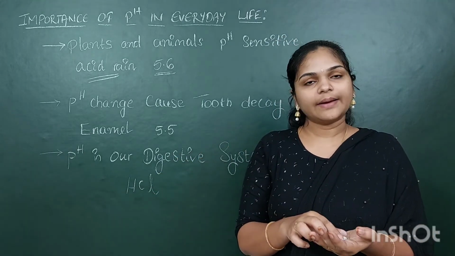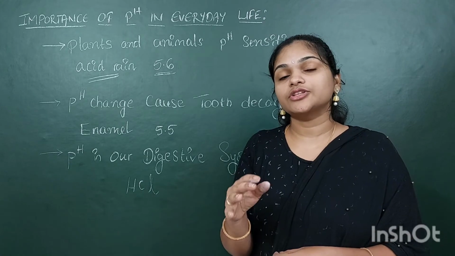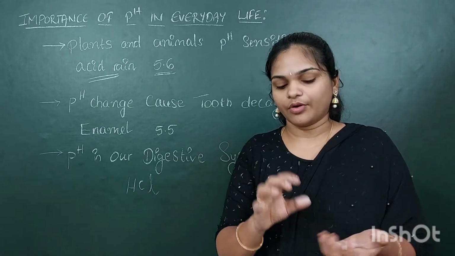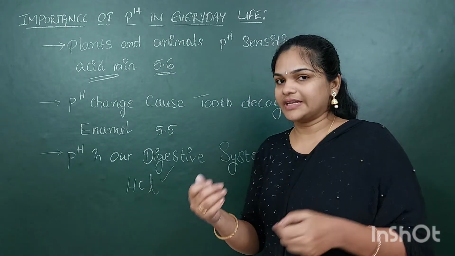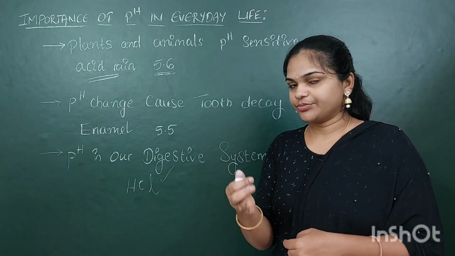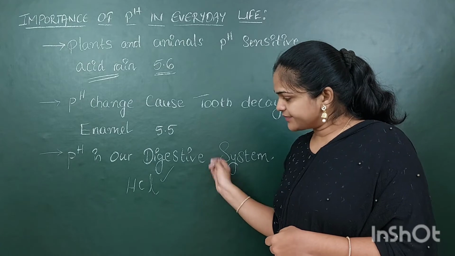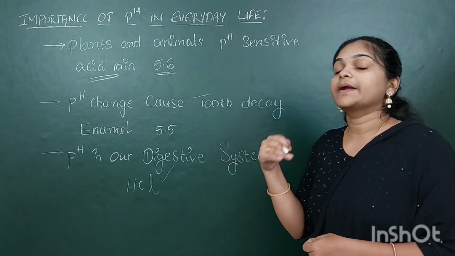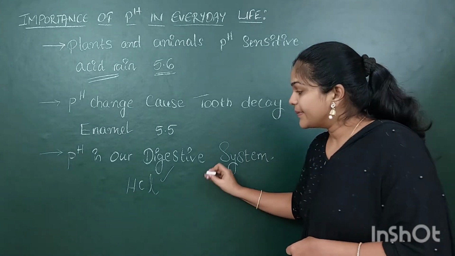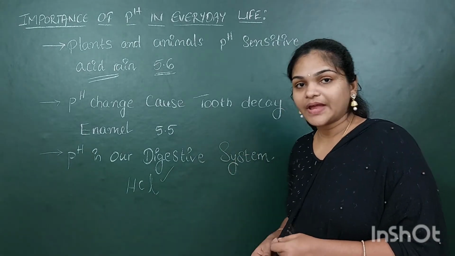Why is that person relieved from the problem? Here HCl is an acid. It is released when there is a digestion problem. To rectify that excess amount of HCl, the person is going to take milk of magnesia or antacid.